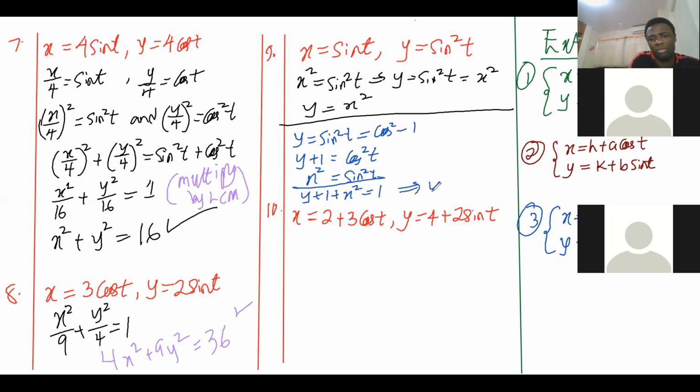And this also gives me y equals, is that negative? Tell me something I wrote wrong, guys, because I'm supposed to get the same thing. No, that's cos squared minus 1. 1 minus cos squared. Yeah, 1 minus cos squared. Thank you, Crystal.